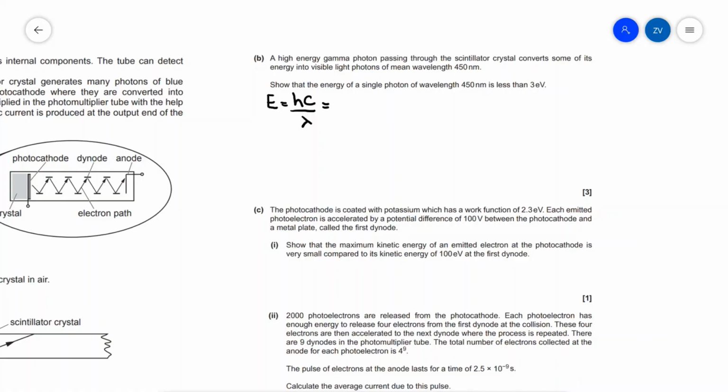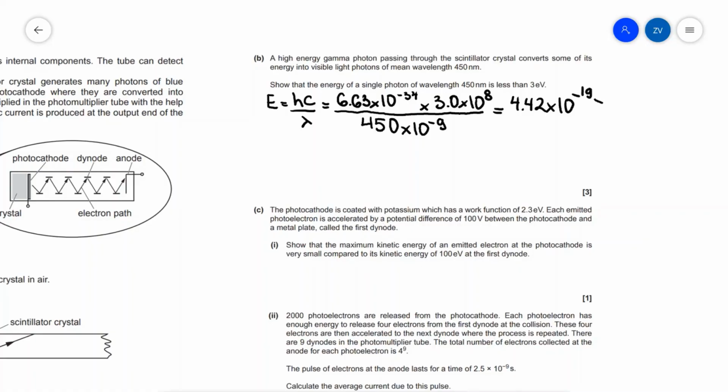And this is going to equal Planck's constant, which is 6.63 times 10 to the power of minus 34, multiplied by the speed of light, which is 3.0 times 10 to the 8. We're going to be dividing that by the wavelength, which is 450 nanometers, so 450 times 10 to the power of minus 9. And if we plug this into a calculator, we are going to get 4.42 times 10 to the power of minus 19 joules.